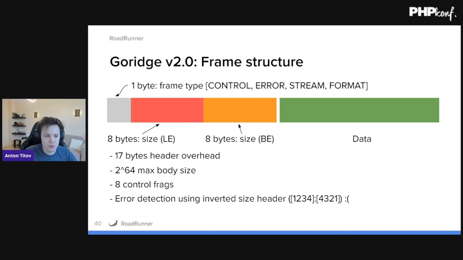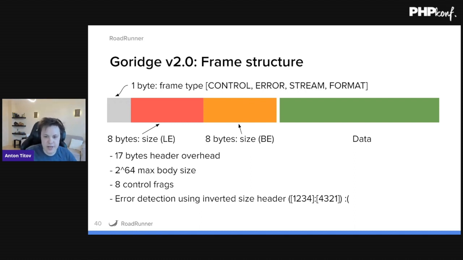We implemented such a protocol; at the moment it's Goridge version 2.0, and we already have 3.0. It's a very simple netstring-like protocol. It has a fixed header which defines the size, the error correction, and some frame type, like error, control, maybe a stream of data, and the data itself. Fairly simple. I'm not going to describe how it works.